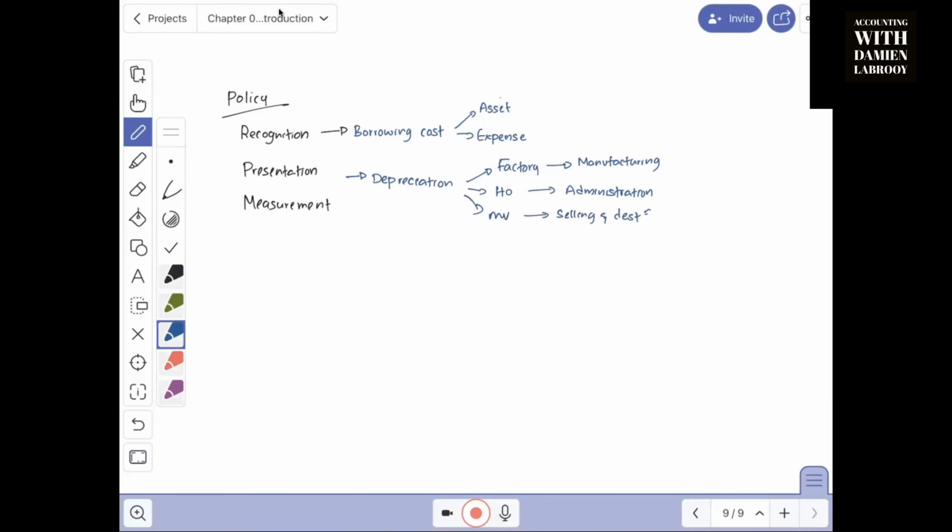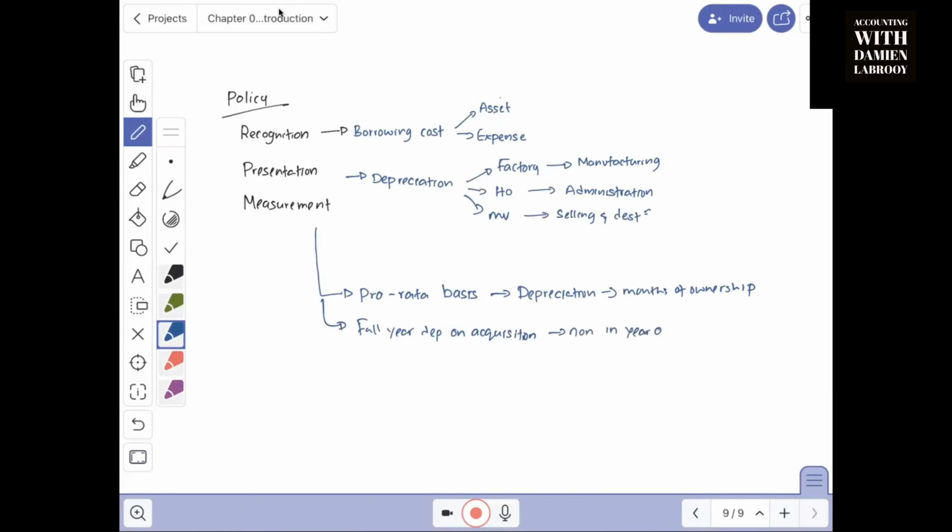The next one is the measurement. Talking about depreciation itself, we have different measurement bases. The first measurement basis could be the pro rata basis, where you charge depreciation in proportion to the months of ownership. The next one could be full year depreciation on acquisition and none in the year of disposal.